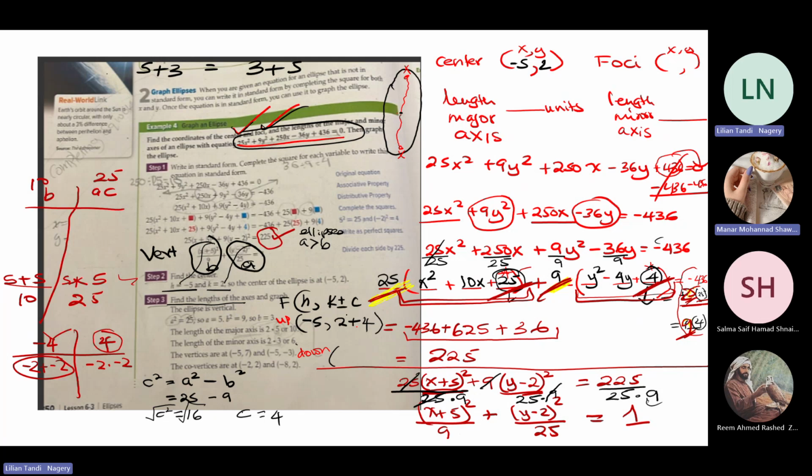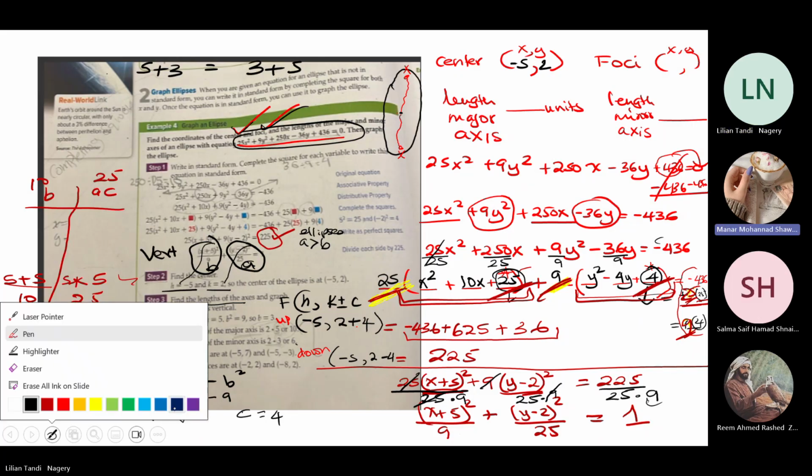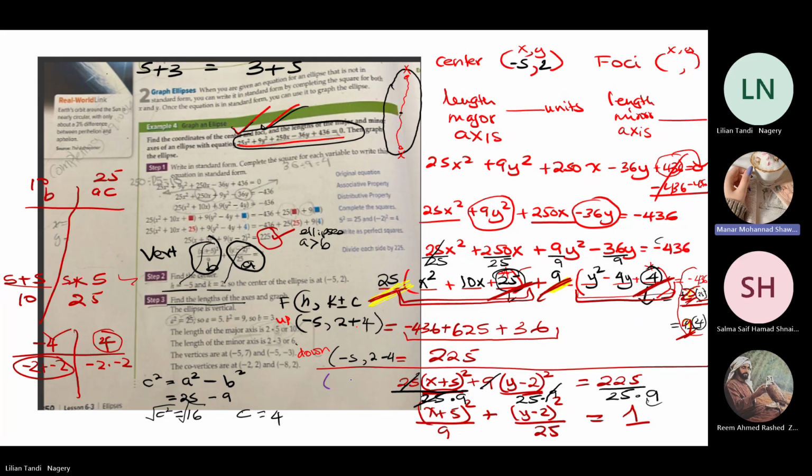And then go down, 2 minus 4 is -2. So -2 over here for the down one, and -5 and 6 over here for the up one.